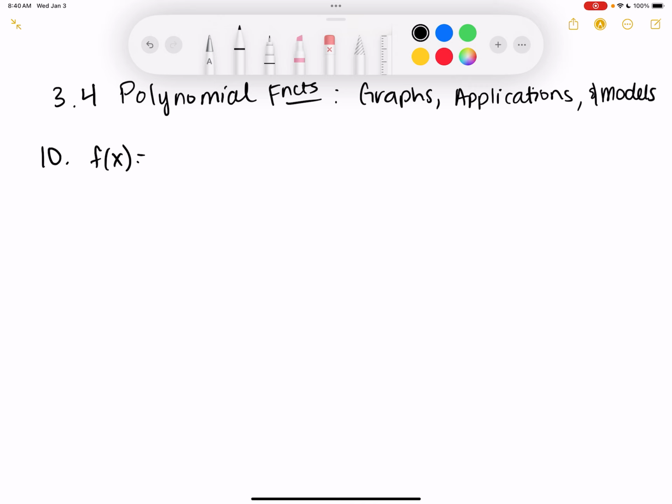F of x is equal to 1/4 x to the 6th. So you'll go to y equals, and then type in that function.